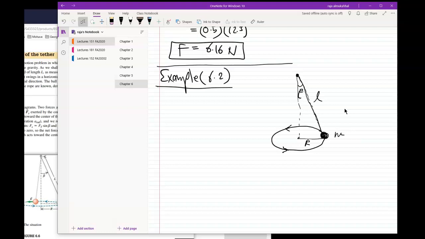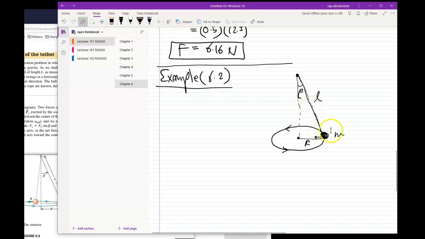Why? Well, because it's not toward the center. In order for a force to be a centripetal force, it has to be toward the center. And the center of the circular path is right here. The force, in other words, has to be in this direction. Well, there is no force in this direction. The tension, remember, is out of the body, so it's just going to be like that, upward.